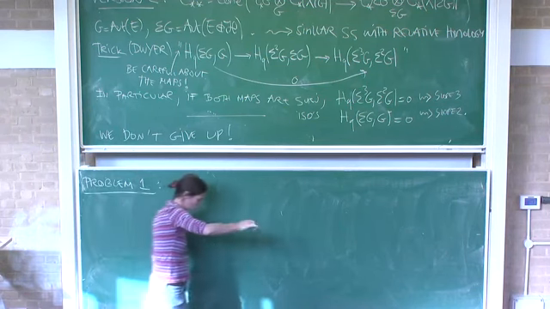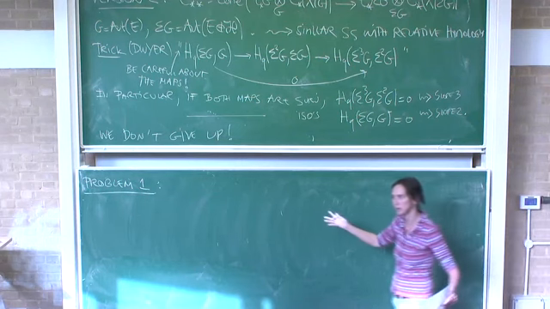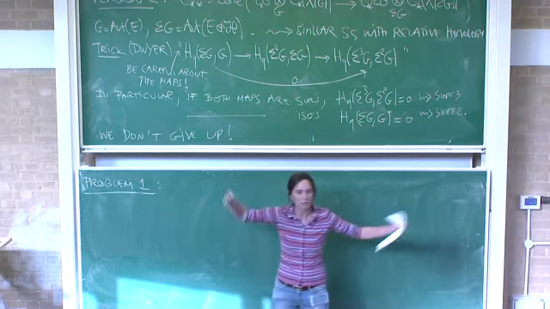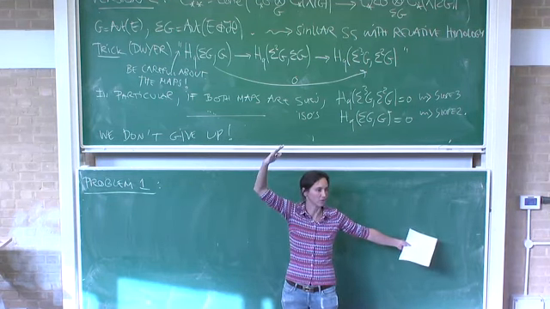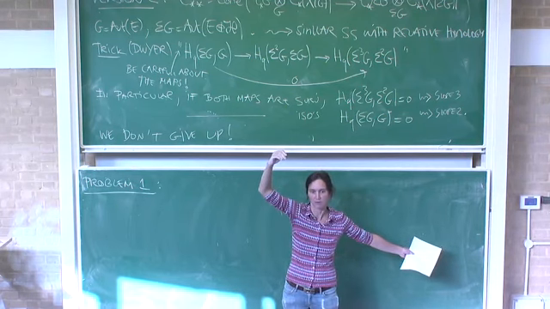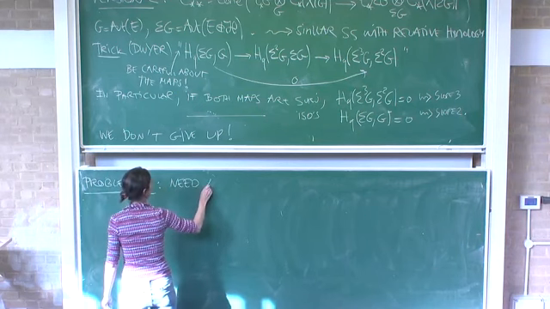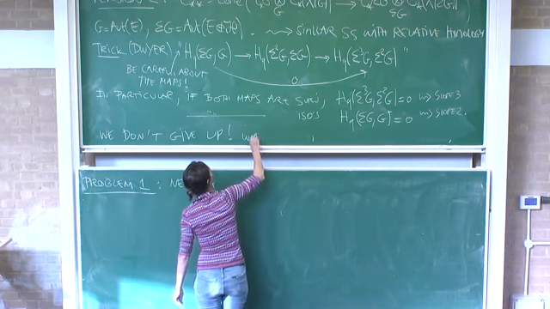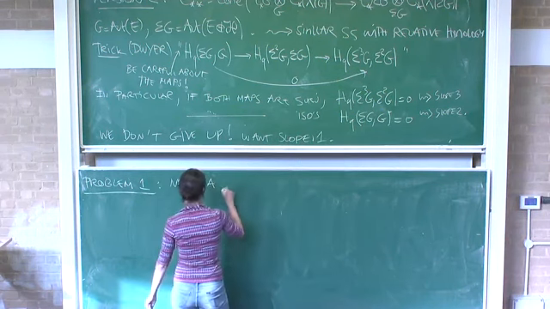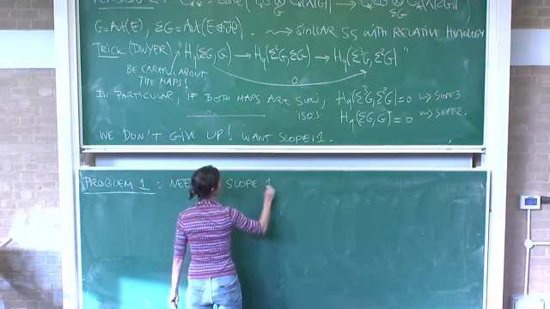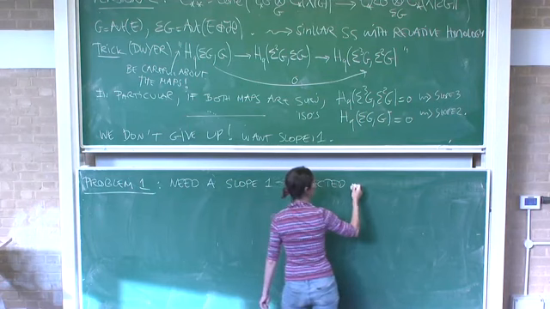Well, I sort of pushed away a little bit. I didn't talk much about this connectivity of this building, but of course my whole argument to begin with, I had this vanishing in a range. The range has to be big enough that it's relevant to the stability I'm talking about, right? So problem number 1, we want slope 1. We need a slope 1 connected building.